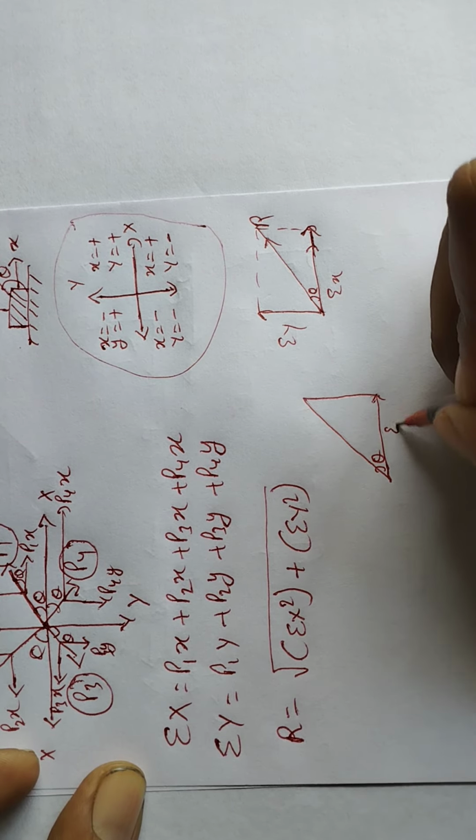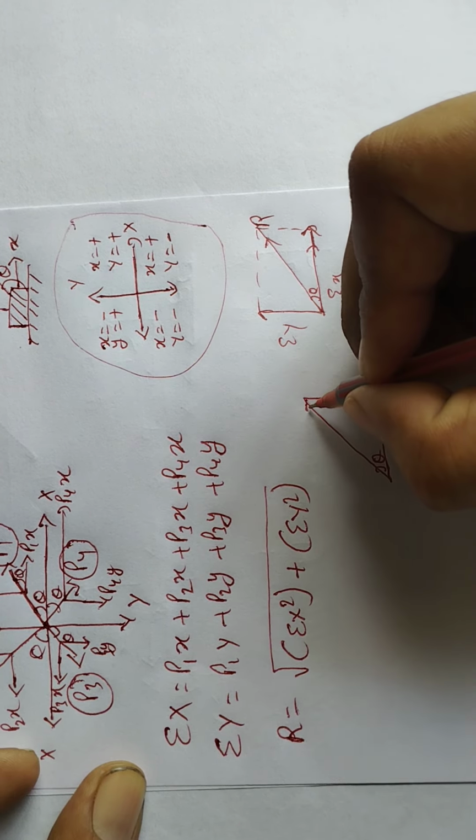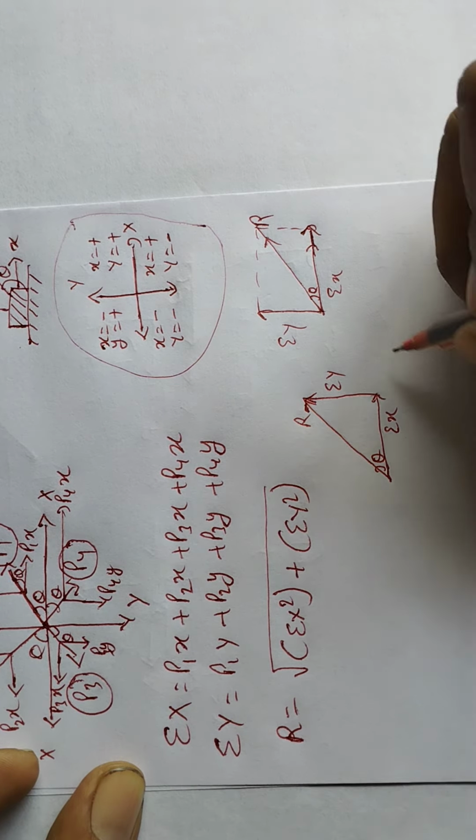This is my summation of X, this is my R and this is my summation of Y. Now I want tan theta.